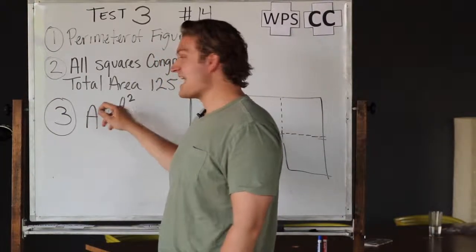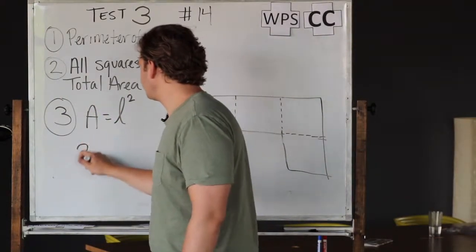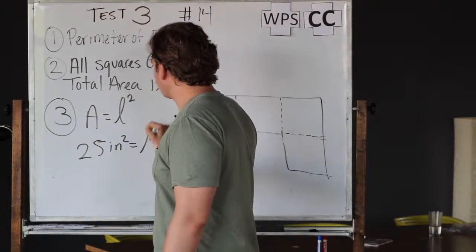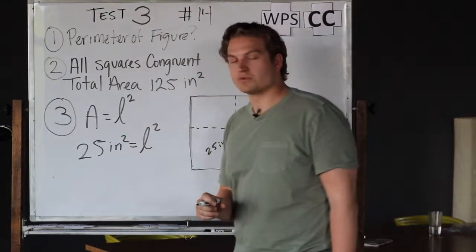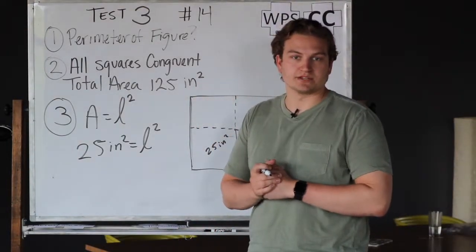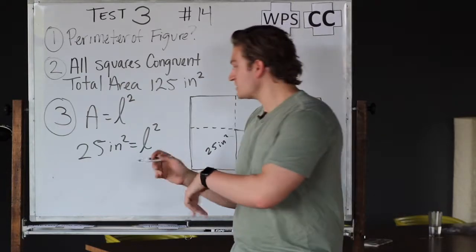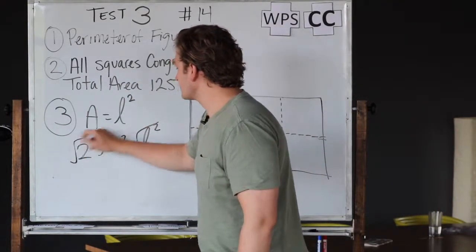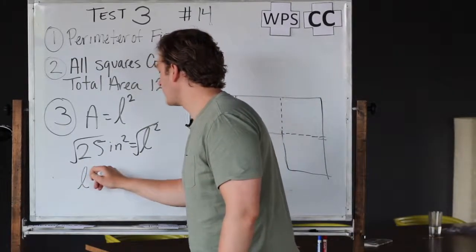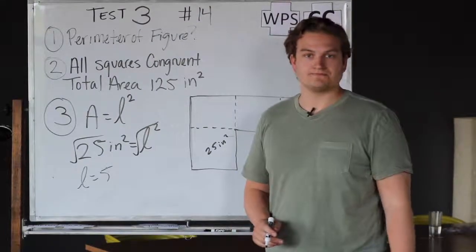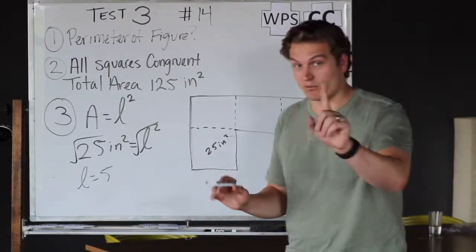I know that the area of one of my squares is 25 square inches, and that 25 square inches is equal to one of the side lengths of my square to the second power. So how do I determine the length of one side of the square? I simply take the square root of both sides, and I find that one side of each square has a length of 5 inches. Now this is great, we're almost there.